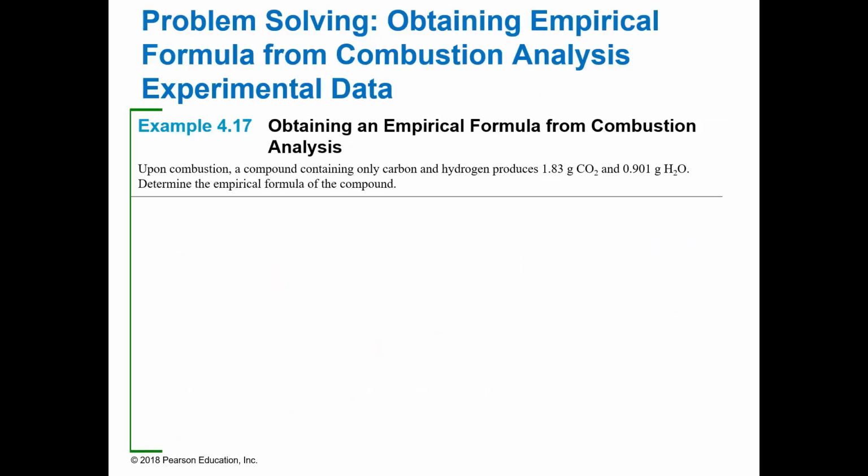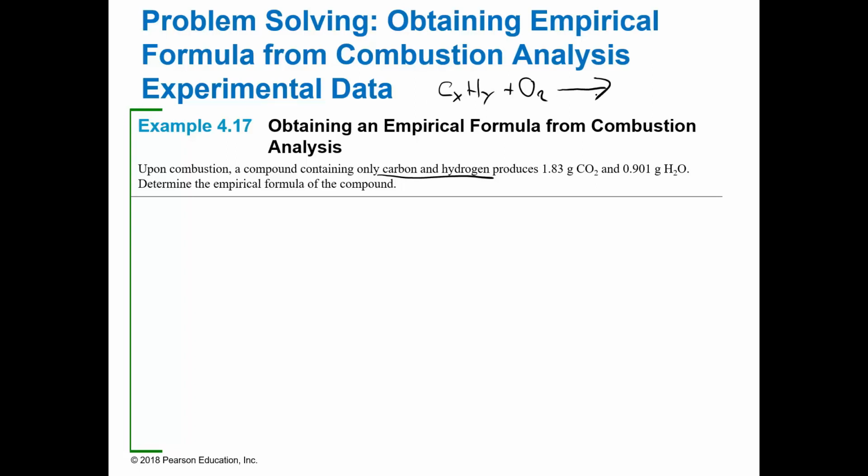Now let's do a problem here, and this one is worked out, so I'm not writing on the screen. If you have, upon combustion, a compound containing only carbon and hydrogen. Combustion means we burned it, right? So we took CxHy and O2, and we don't know how much O2 we have.